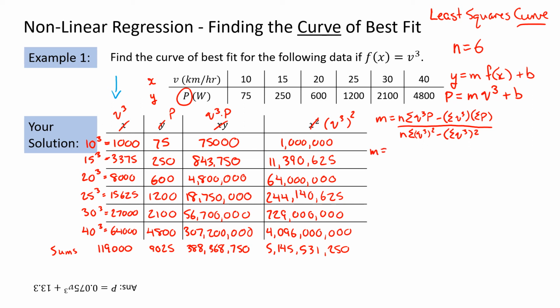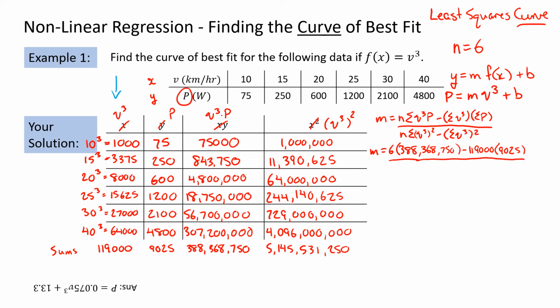Substituting in these values, we get 6 times 388,368,750 minus the sum of our x terms, which is 119,000, times the sum of our p terms, which is 9,025.